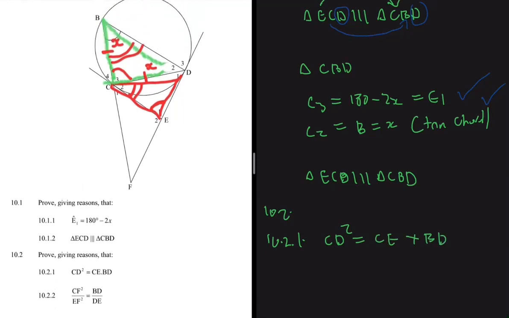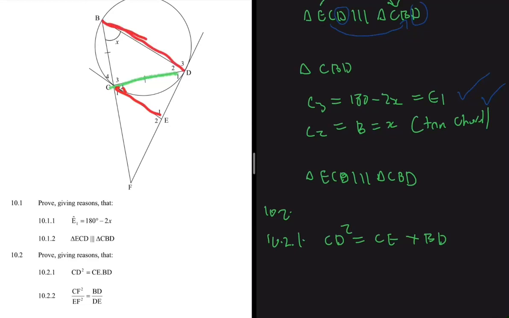Let me just clear these sketches up so that we can have a bit more clarity. So we want CD squared to be equal to CE multiplied by BD.